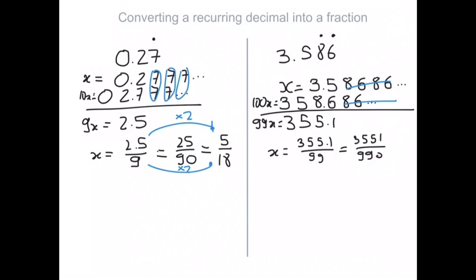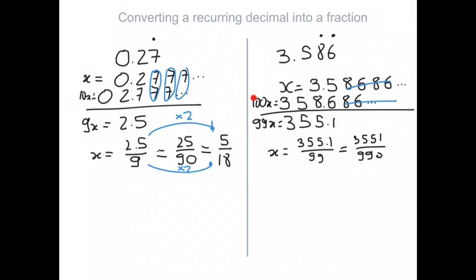Once again, you can take your calculator and work out the decimal value for this fraction to actually check your result. So you see, in this conversion, you have to see how many recurring digits there are in these numbers. If there is one recurring digit, you will need to multiply your number by 10.